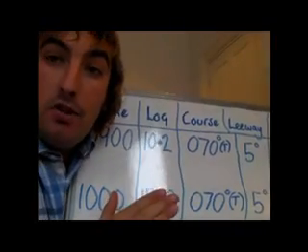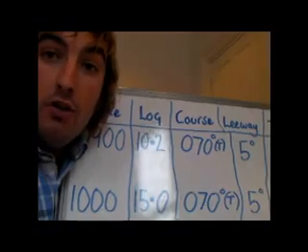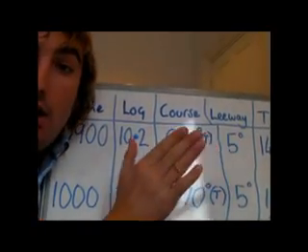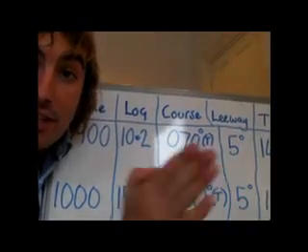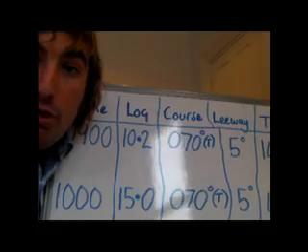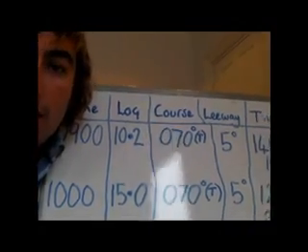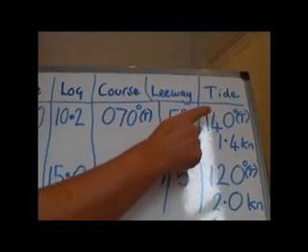Leeway is the angle, how much the wind pushes you off course. So that 5 degrees is going to be 5 degrees downwind. I'm going to plot that onto the chart, but you wouldn't normally actually plot it onto the chart. Then at the end, we have some tide.